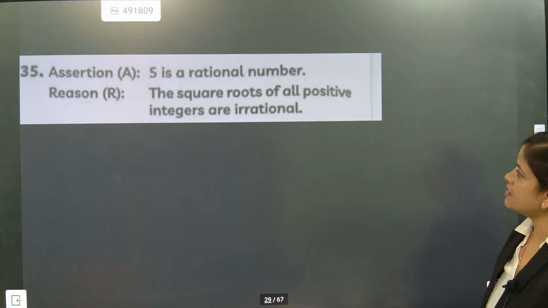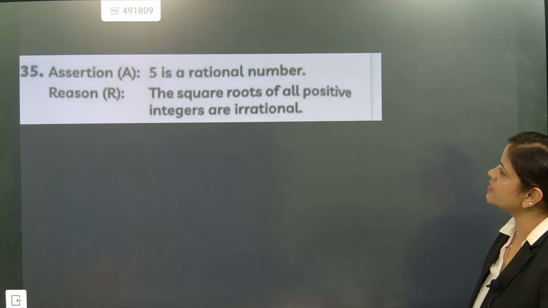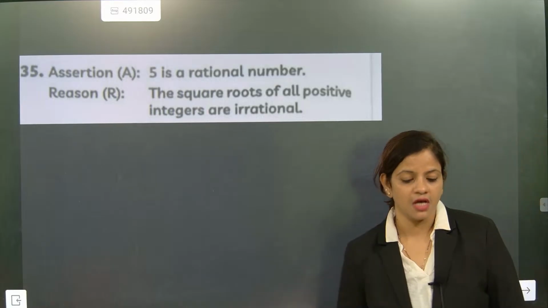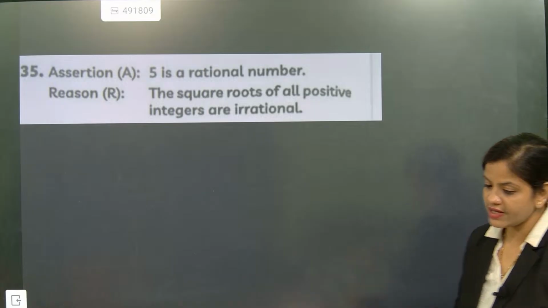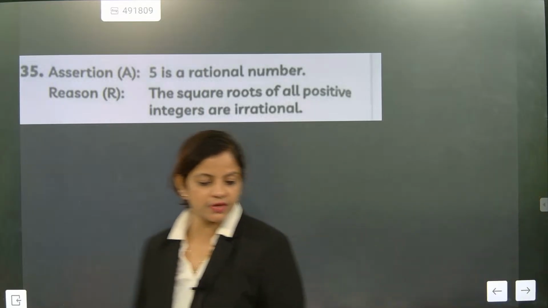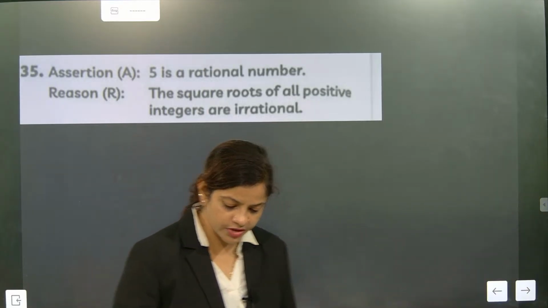5 is a rational number. The square root of all positive integers are irrational numbers. Again, you handled this question very nicely. I don't want to say anything about it. You appropriately handled this question.